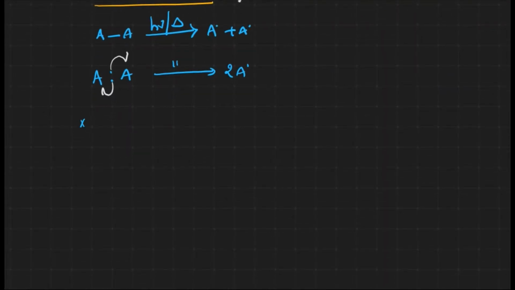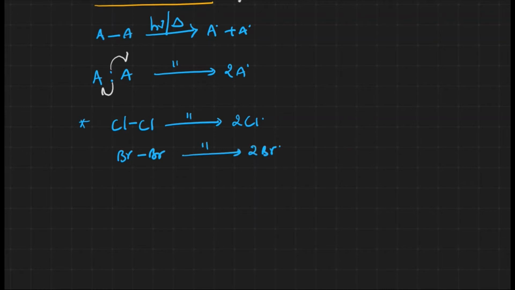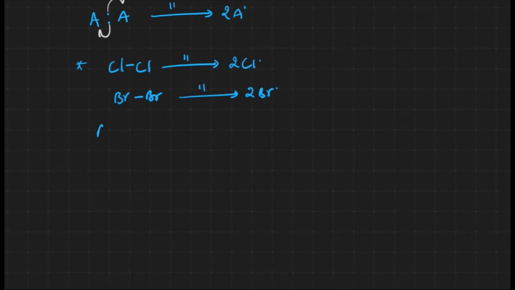Let us see some other examples. Let us take a chlorine molecule. What happens under the same condition? It forms 2 free radicals of chlorine. If you take a bromine molecule, the same way it also forms 2 bromine radicals. Let us take a symmetrical peroxide. Here also symmetrical breakage takes place.